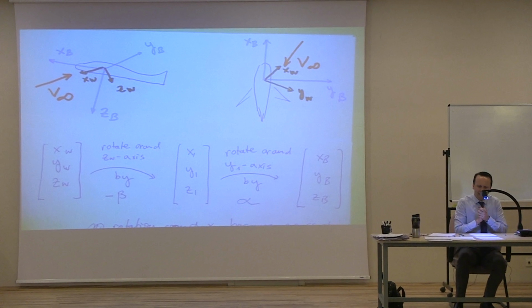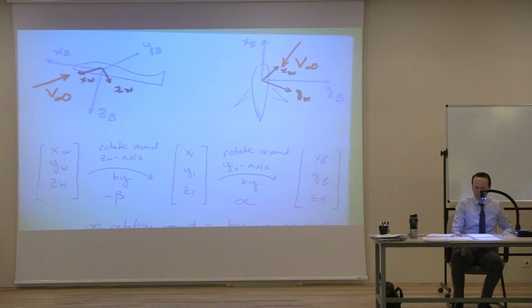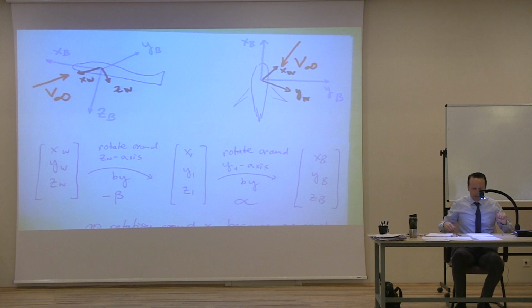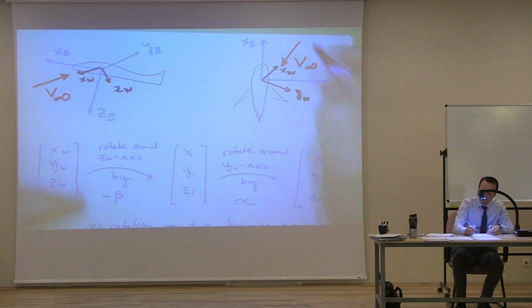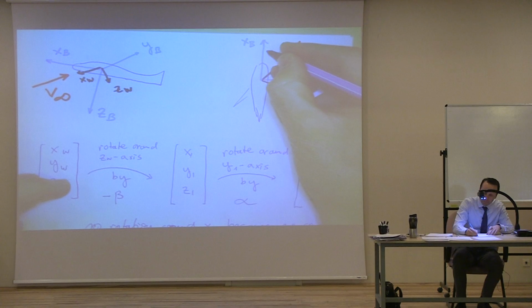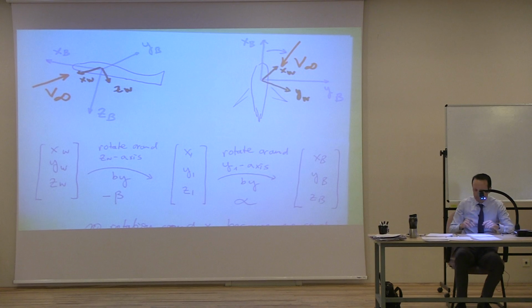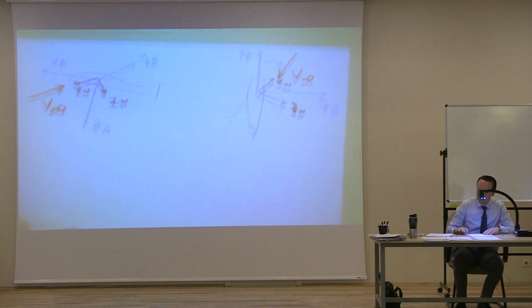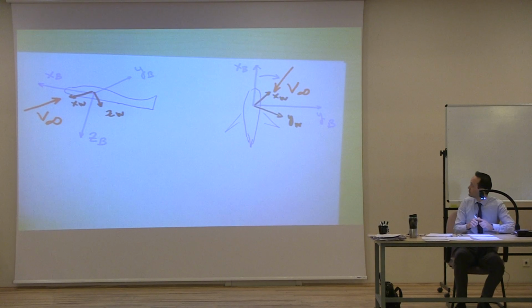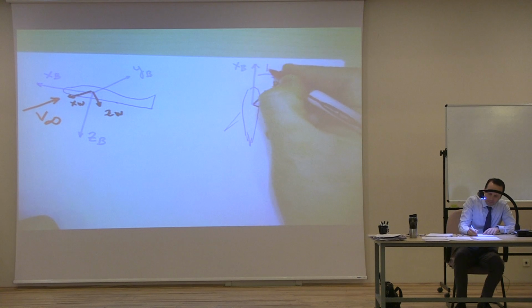So let's look at the angles. Well, this angle here has a name, and this angle here is called beta.